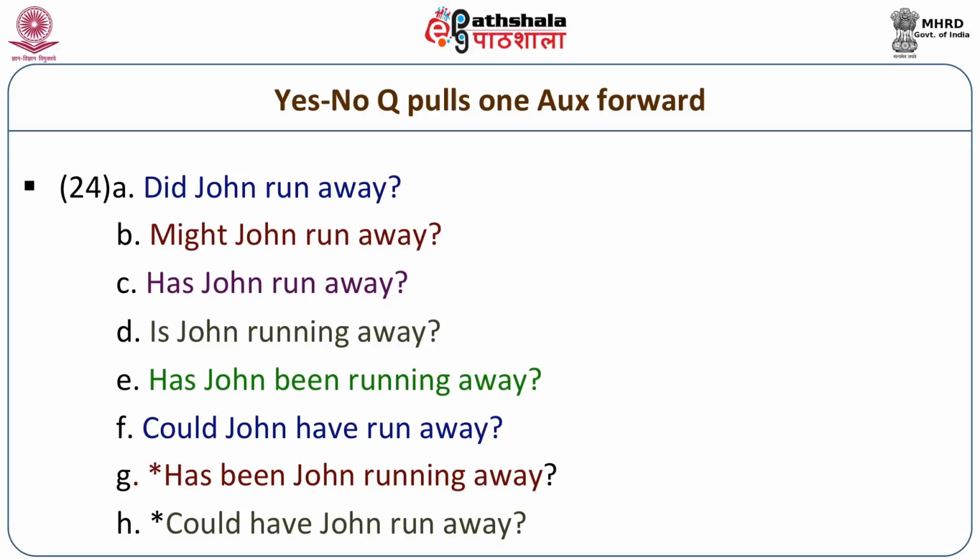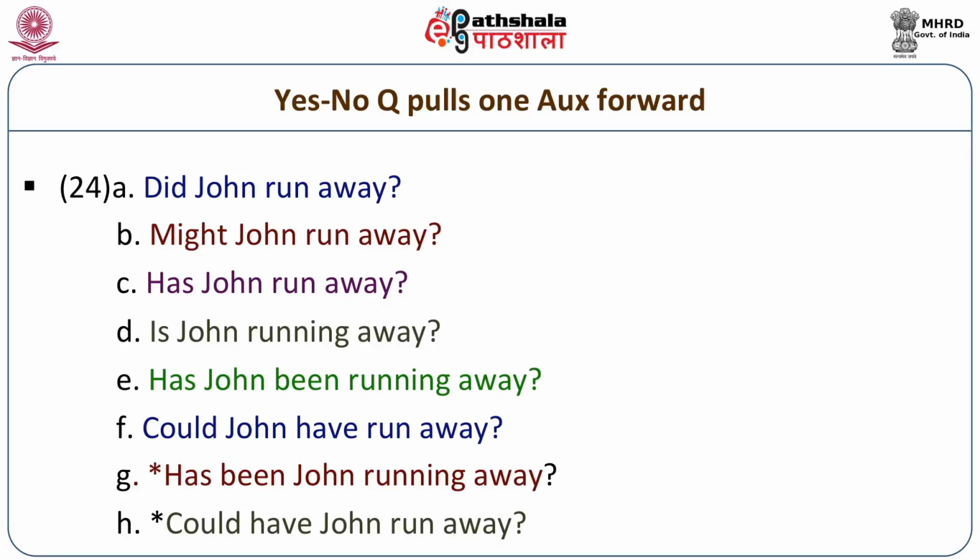Did John run away? Might John run away? Are simple examples. Consider examples like, what is the question for John has been running away? Could John have run away? It turns out that from John has been running away, one says, has John been running away? One does not say, has been John running away.